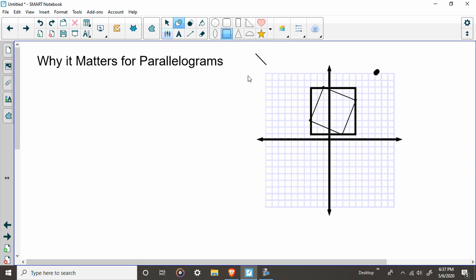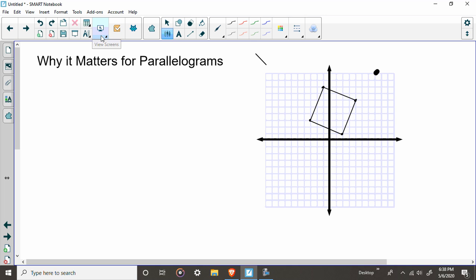So if we notice this, and again, why this is going to be important for us next week, is that if this is 5 over 2, and this is 5 over 2, and this is 5 over 2, and this is 5 over 2, it doesn't even matter that we actually have to do the distance formula. The fact that we see they're all 2's and 5's, we know that 2 squared plus 5 squared is always going to equal the same number squared. So it doesn't even really matter, but again, it becomes a very useful tool that we can find those distances.